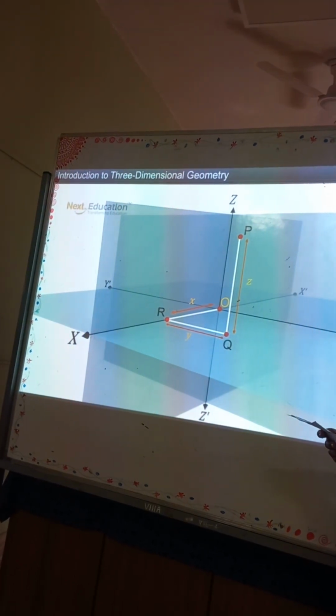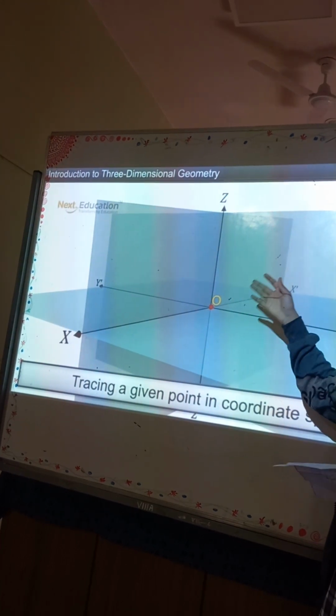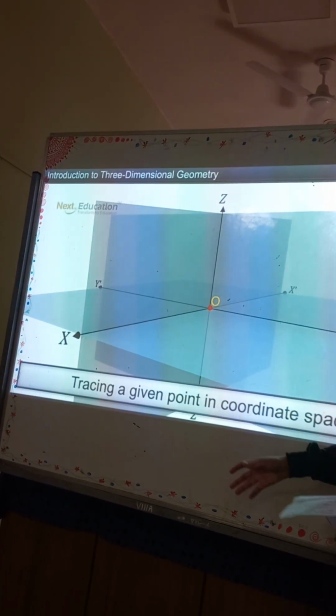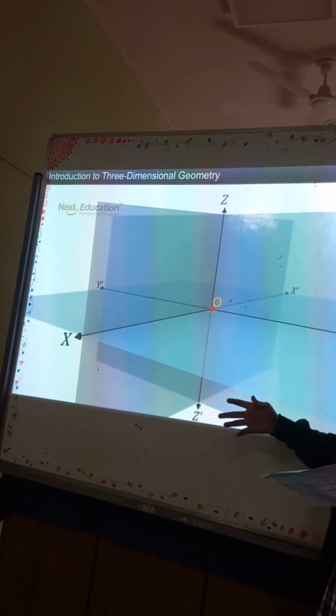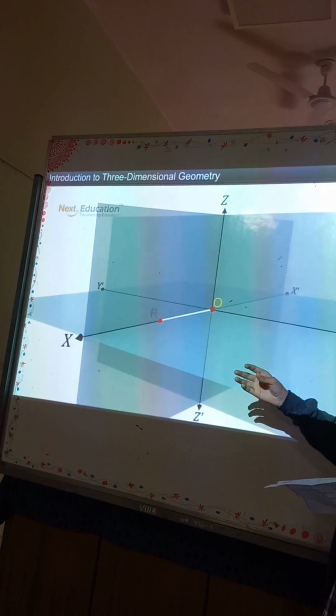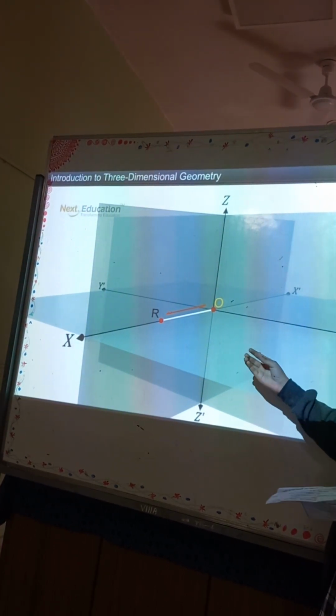Here x, y and z are real numbers. Now we'll see how to trace a given point in coordinate space. पहले क्या कर रहे थे कि हमें पॉइंट दिया हुआ था, पहले कोऑर्डिनेट्स दिए थे, हम पॉइंट निकाल रहे थे. अभी पॉइंट दिया है, हम कोऑर्डिनेट्स निकाल रहे हैं.